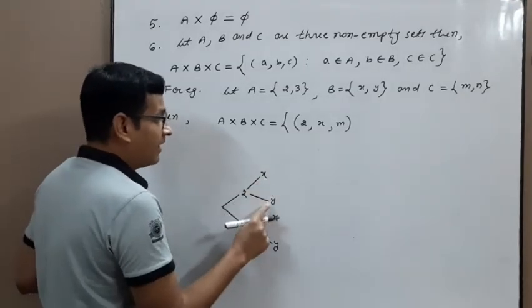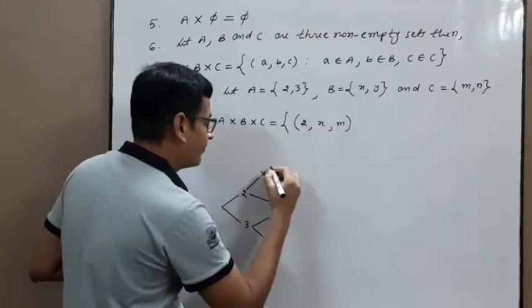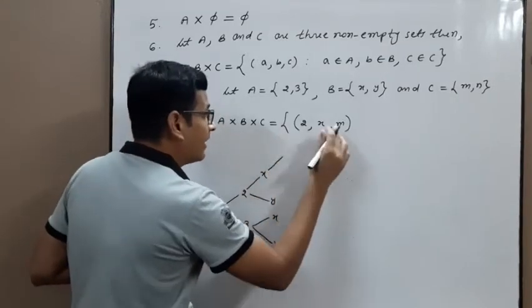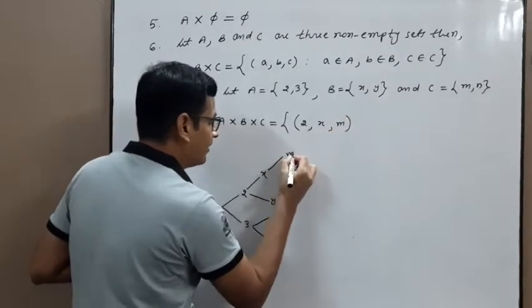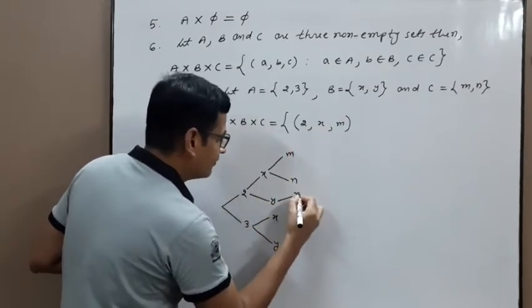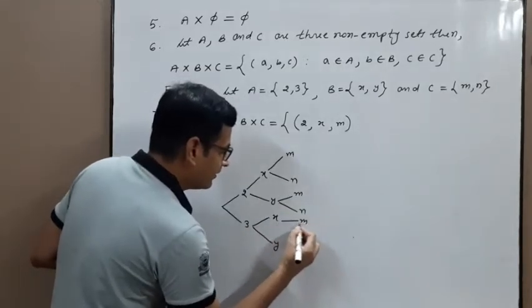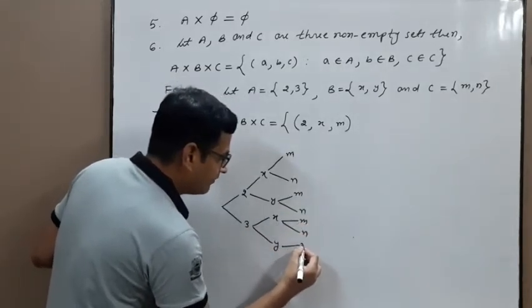After putting x and y in the second place, we can fill the third place by either m or n in two ways. Here also m or n, here also m or n, here also we can fill m or n.